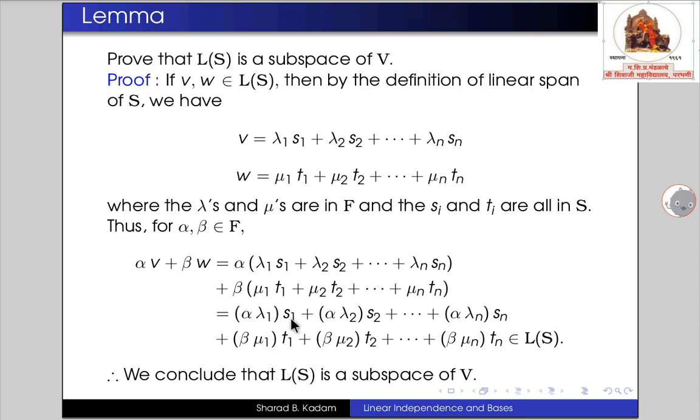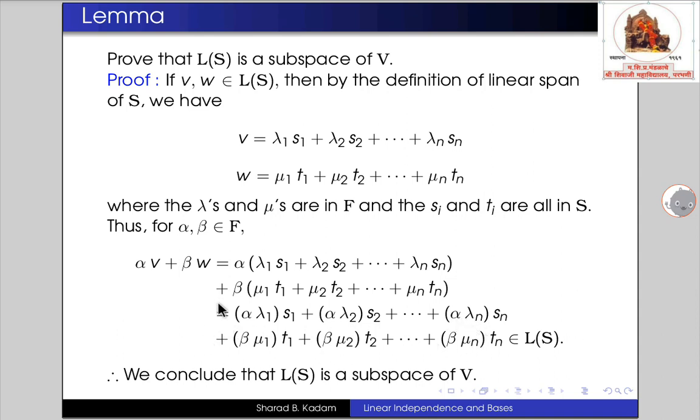As we know that S1, S2, ..., Sn, T1, T2, ..., Tn all are elements of the set S, and alpha, beta, mu1, mu2, ..., mun, lambda1, lambda2, ..., lambdan all are scalars.